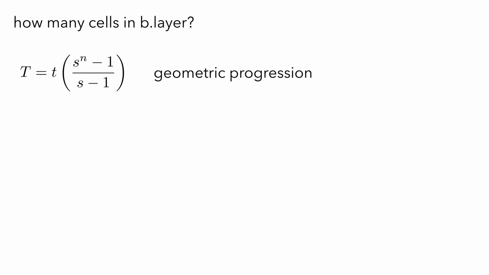I think the default is more like 1.5 or something, but I think that's a bit aggressive. Conversely, I could pick N, but that's really hard to choose. What's the appropriate N? It's easier for me to choose an appropriate growth rate. So I want to solve this equation for N. That's done easily enough, and here's the expression. We already have big T, little t, and I choose S. Like I said, something like 1.2 is what I like to use. And now we can solve for the number of cells in the boundary layer.